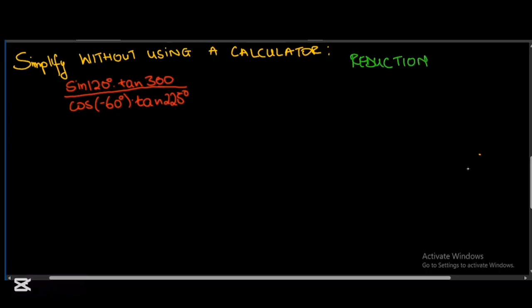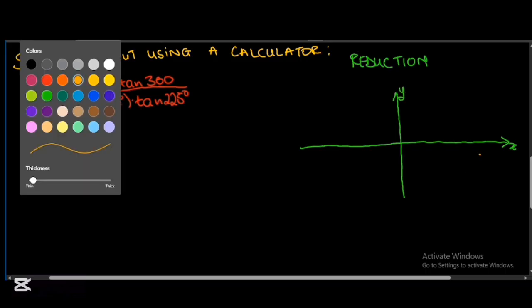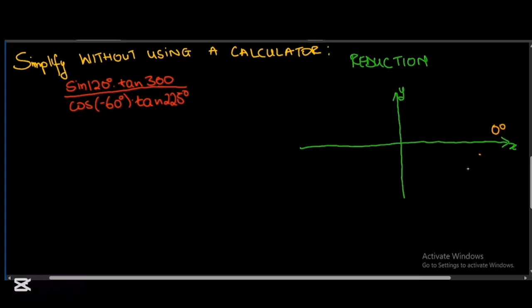So there's this Cartesian plane that we will use in order to reduce this, right? Remember, a Cartesian plane has the x-axis and the y-axis, right? And then it starts from 0 degrees, and we are moving anti-clockwise. So we have 90 degrees here, 180 degrees, 270 degrees, and then 360 degrees here.